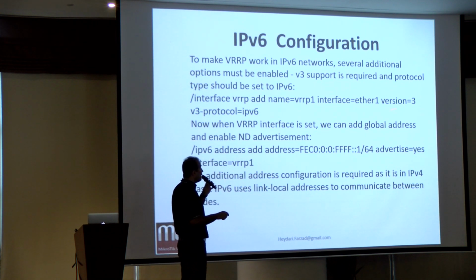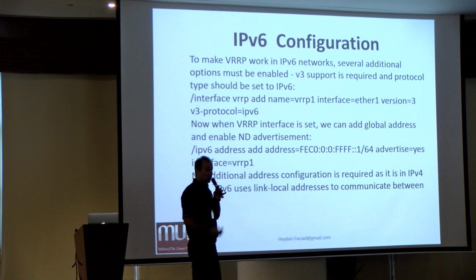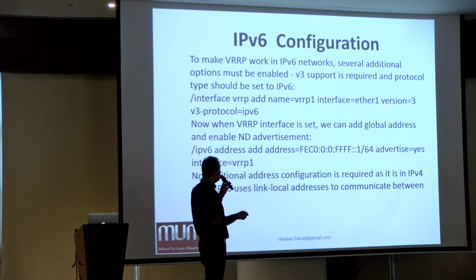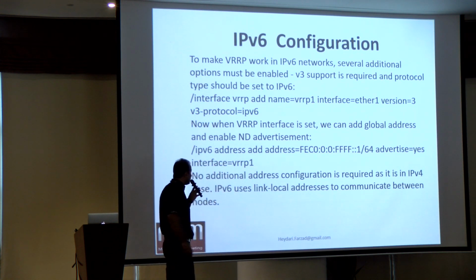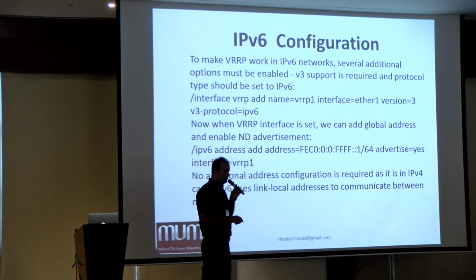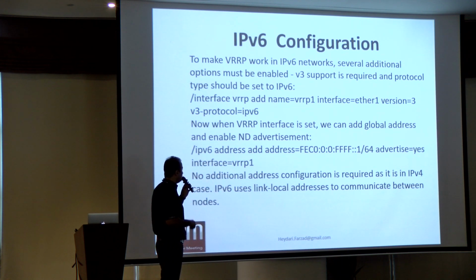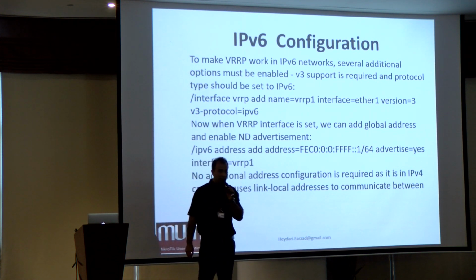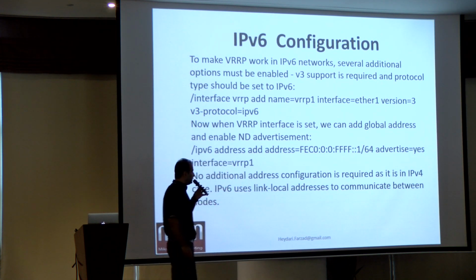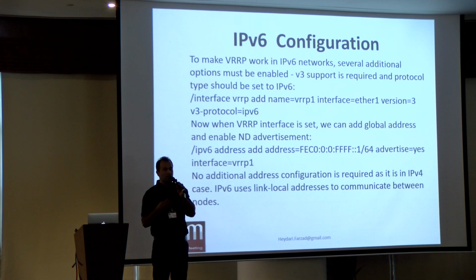And then you have to set which version you want to use. I want to use IPv6, so I have to put version 3. And another thing, you have to put the IP address on the interface in IPv6, and no additional configuration is needed. This is really quite an easy configuration for VRRP.